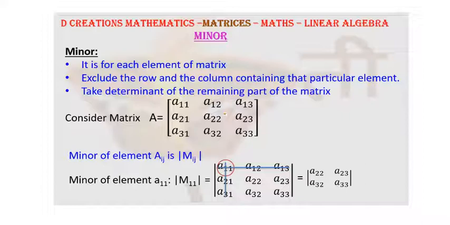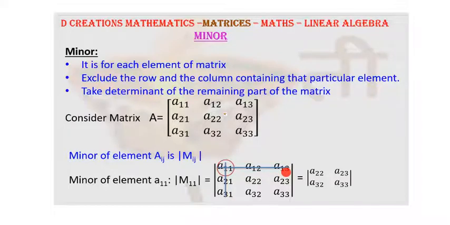All right. So let me remind you of what a minor is. We can find the minor for each of these elements. Again, here it's a 3 by 3 matrix. And how do you find it? Well, if you are finding the minor for say element A11, then you should ignore all the elements in the same row as A11 and all the elements in the same column as A11. So all the elements in the row of A11, that means A12, A13, are ignored.